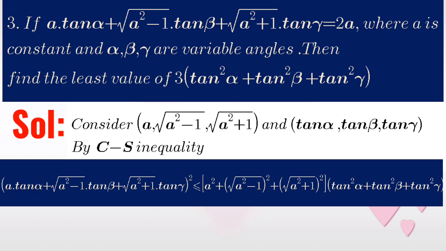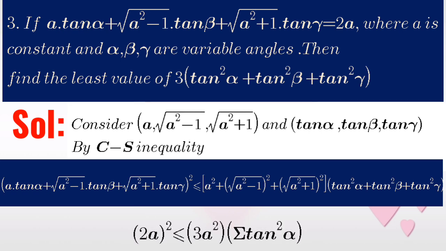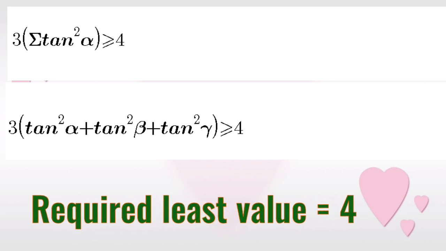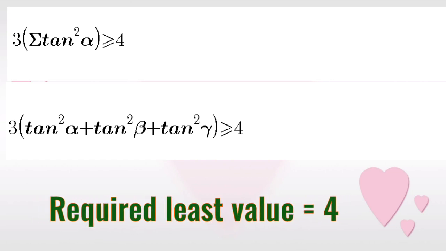By simplifying this, you will get (2a)² is less than or equal to 3a² times Σtan²α. By further simplification, we will get 3(tan²α + tan²β + tan²γ) is greater than or equal to 4. Therefore, the required least value of the given expression is 4. This is the third question.